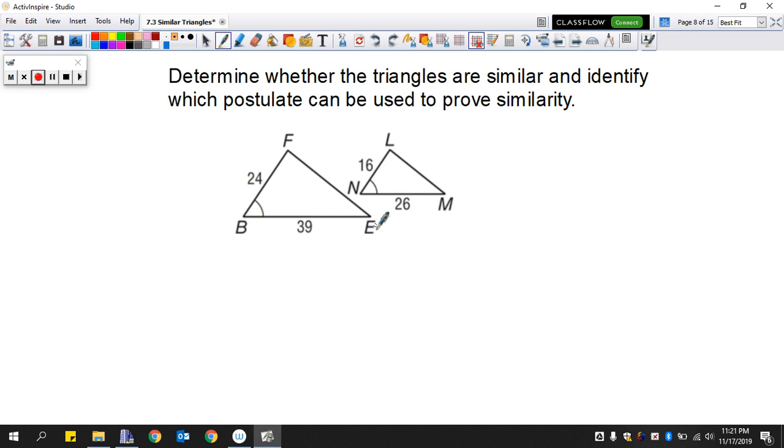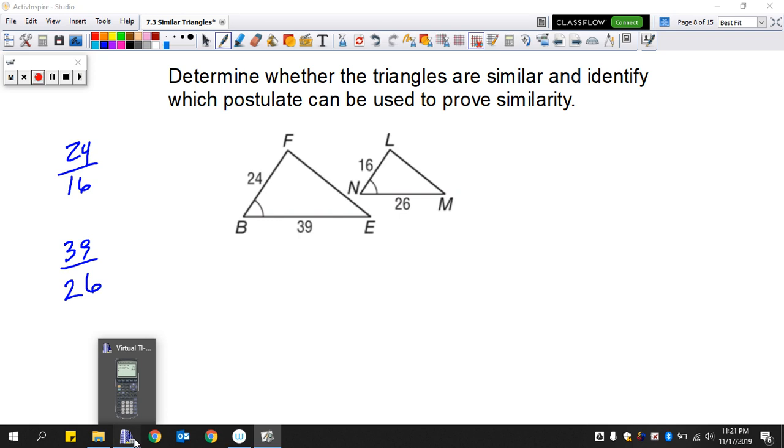All right. And once again, side, angle, side. Okay, so 24 to 16 and 39 to 26.